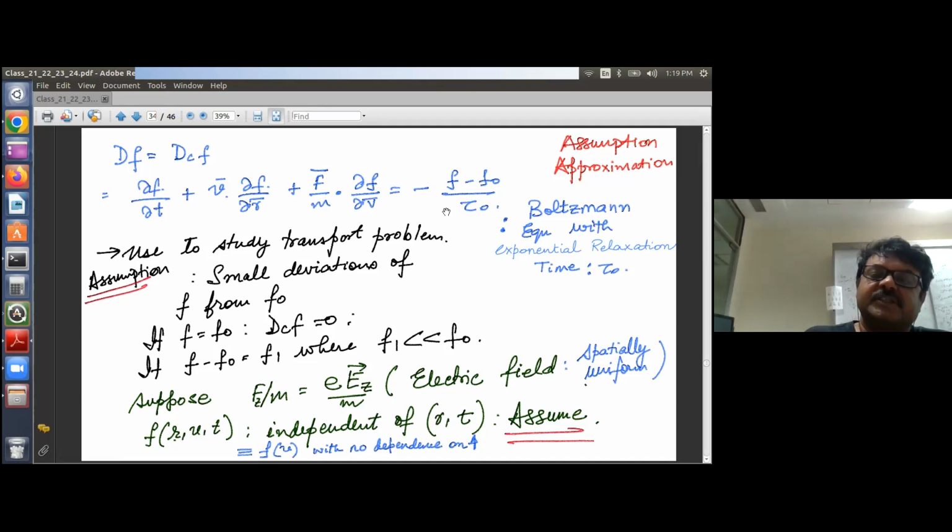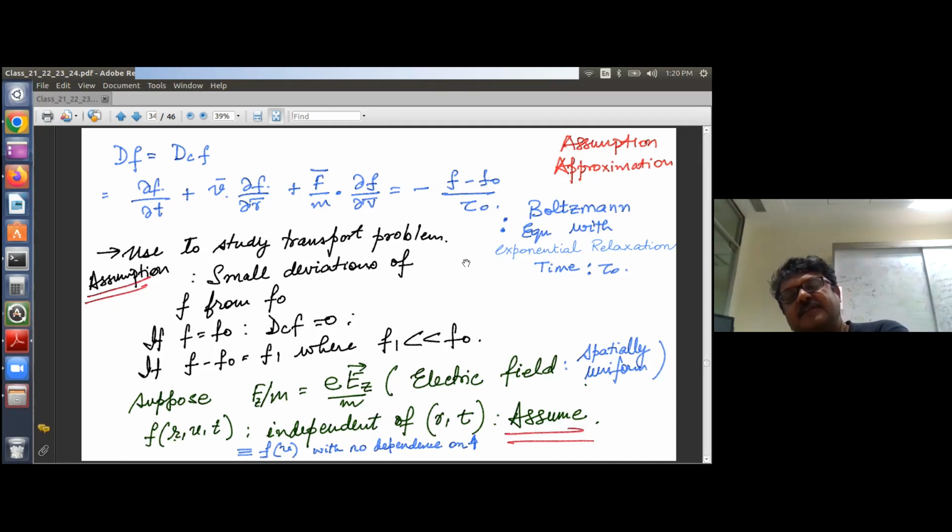And the effect of collisions is to try to bring it back, because suppose something is accelerating, it has picked up velocity, but then it collides with another particle moving in another direction, and its effect is to bring it back to the equilibrium distribution. The effect of collisions is absorbed in a term which looks like this.